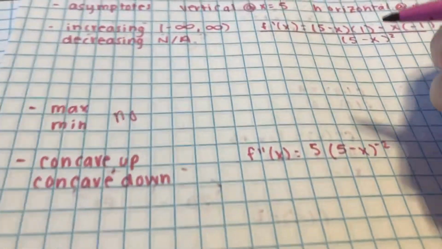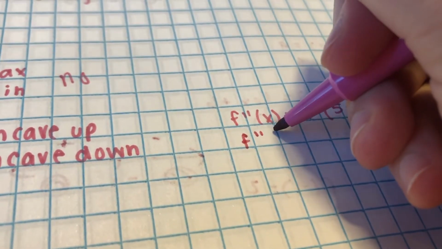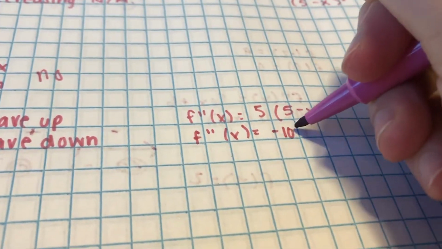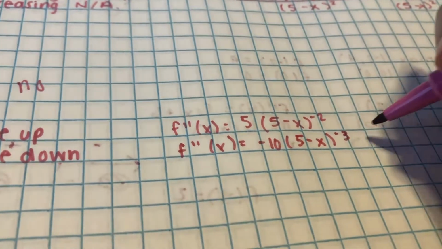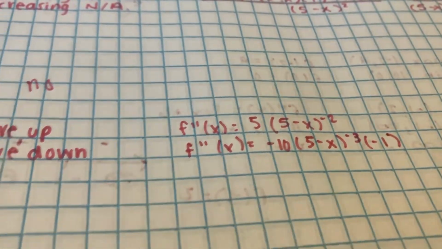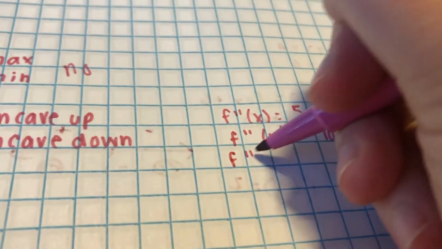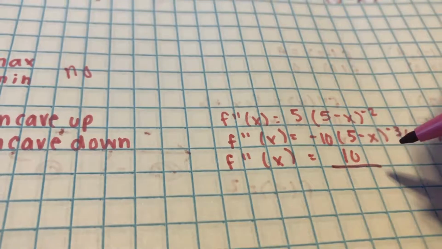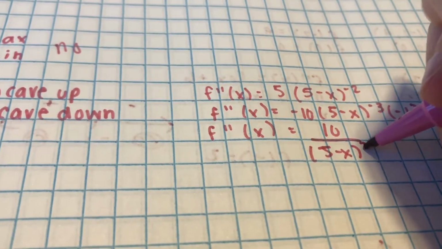So f double prime of x equals -10 times (5 minus x) to the -3rd times -1, because we used the chain rule there. Rewriting this, f double prime of x equals 10 all over (5 minus x) cubed.